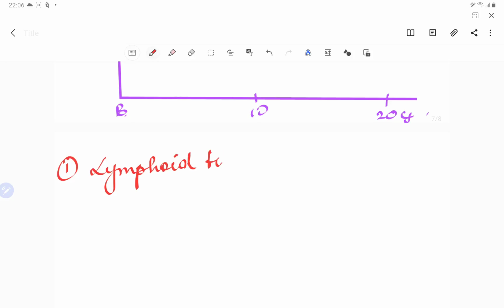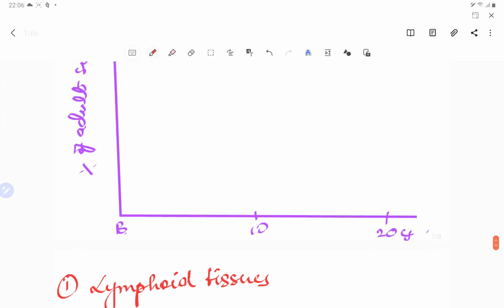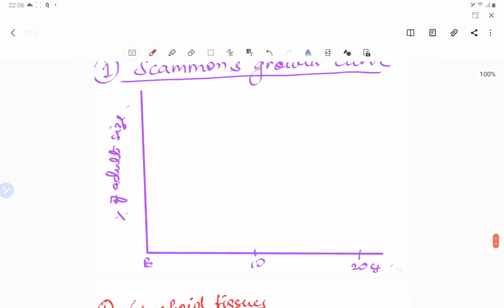So the lymphoid tissues, basically lymph nodes and all. Lymphoid tissues grow rapidly in late childhood, and they reach a maximum of 200% of the adult size. This is in order to protect the child from infection, and by 18 years it undergoes involution.